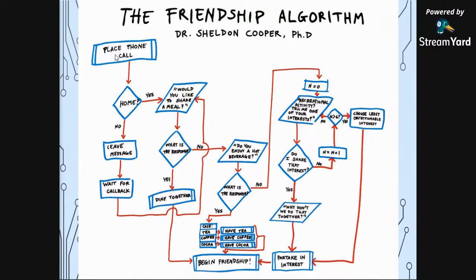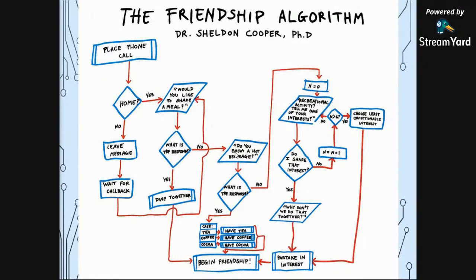But the idea here is that he's got this algorithm which allows him to make friends, and he's drawn it up on his whiteboard, and he's decided that he's going to place a phone call. If they're home, he will ask them if they would like to share a meal, and then what is the response?